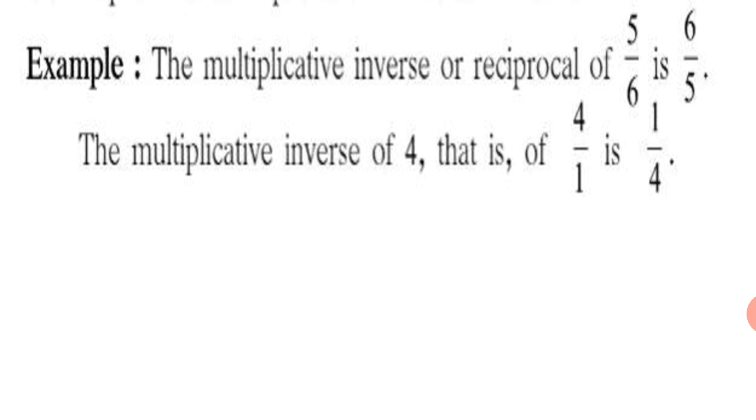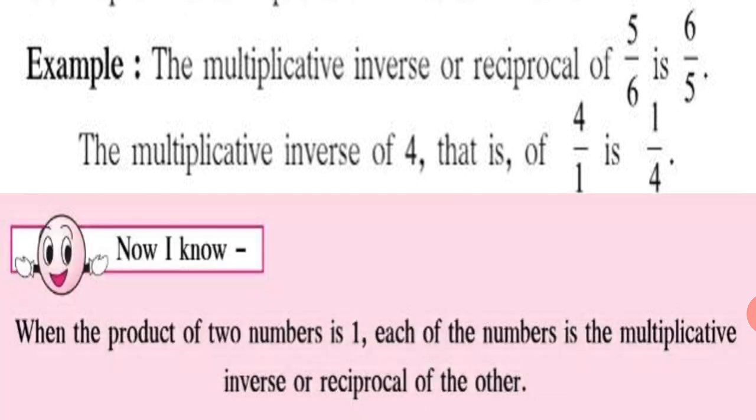So when the product of two numbers is 1, each of the number is the multiplicative inverse or reciprocal of the other. So what you have learned today? Yes. Now you know when the product of two numbers is 1, each of the number is the multiplicative inverse or reciprocal of the other.